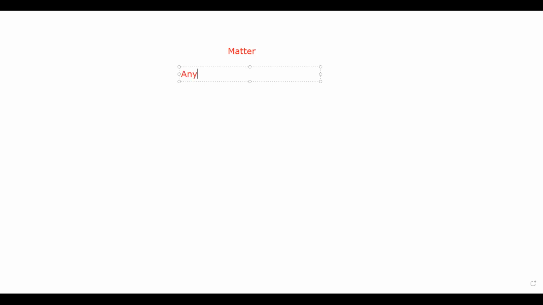Matter means anything which has mass and occupies space. So anything which has mass and occupies space, that is what we call matter. And matter has three states.